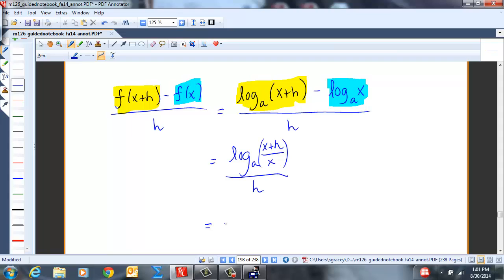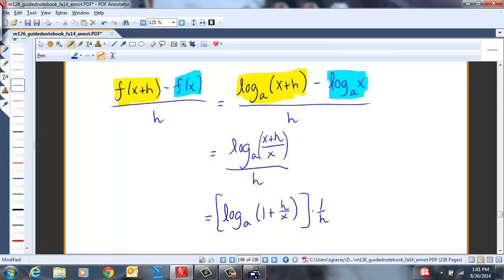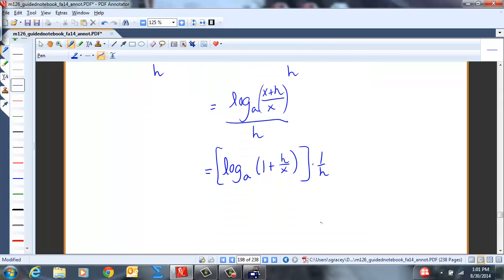Well, if we make a couple of adjustments here, if we divide through by x, do you see we'll get 1 plus h over x, that's within the log. And then we could times this by 1 over h. When you're dividing by h, it's the same as timesing by 1 over h.